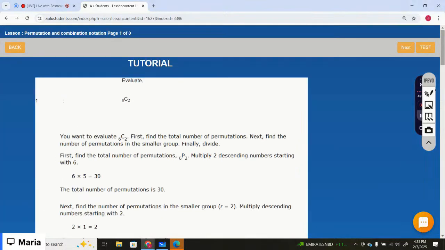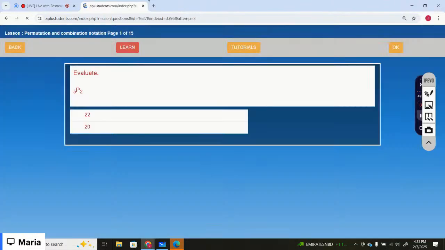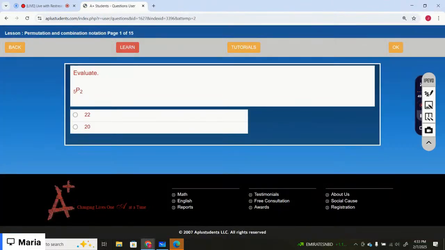Let's just start with the test questions. 5P2, you have to evaluate the permutations.